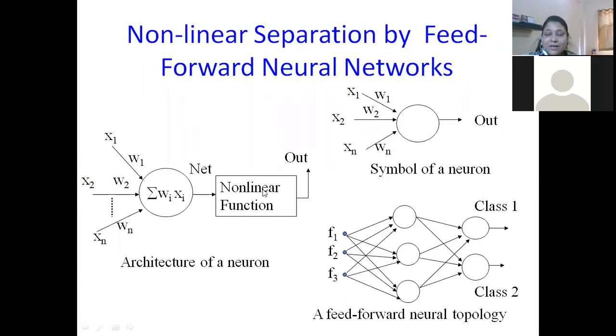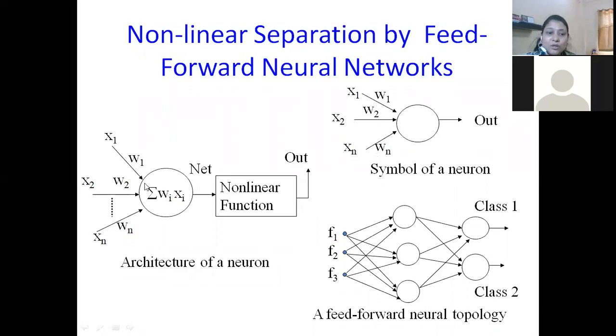Now if this is the architecture I have just mentioned, then we can move forward to the symbol of a neuron, where we can expect this kind of neural net, and we are having x1 w1, x2 w2, up to xn wn.